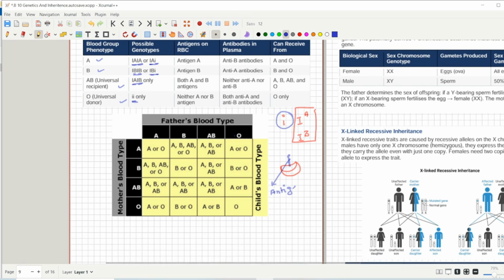This antigen decides if your blood group is going to be A or B or O. If the antigen is A, then the blood group would be A. If the antigen is B, then the blood group is going to be B. If there is no antigen at all, then the blood group would be O. So the presence or absence of antigen and the type of antigen will decide your blood group.